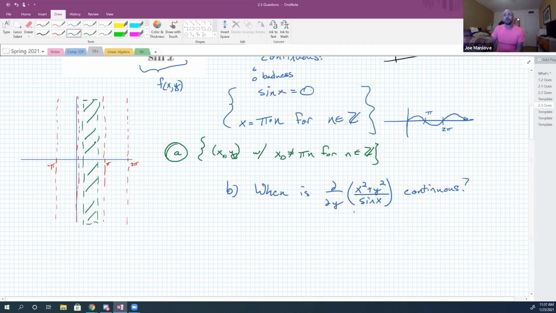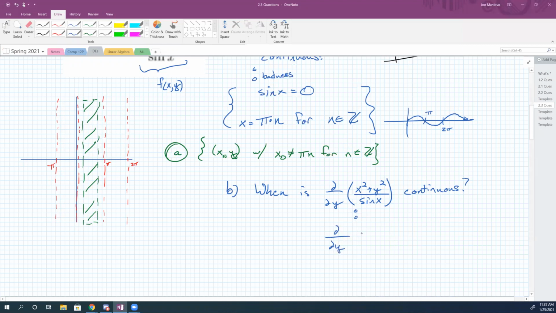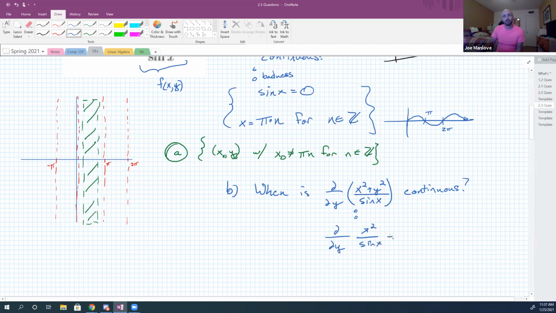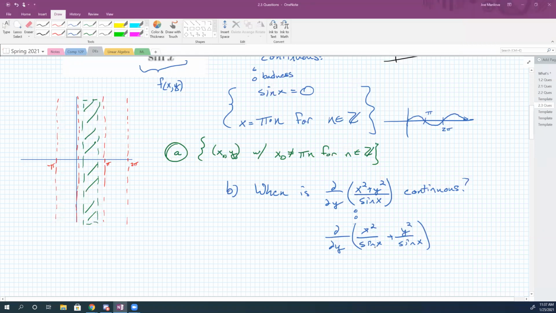So this is the same thing as taking the partial with respect to y of x squared over sine x plus y squared over sine x. Is that a thing we can do with fractions? Do you guys remember how fractions work? Yep, you can do that as long as it's not on the bottom.